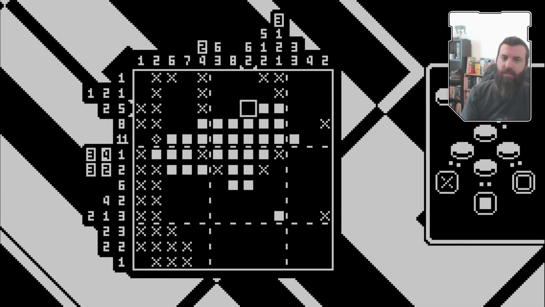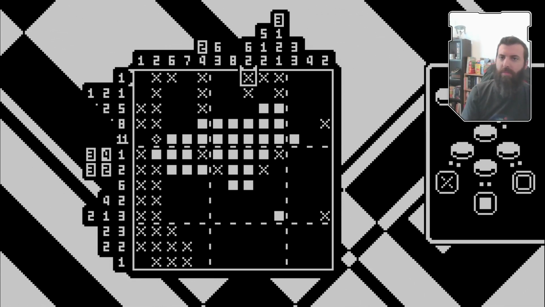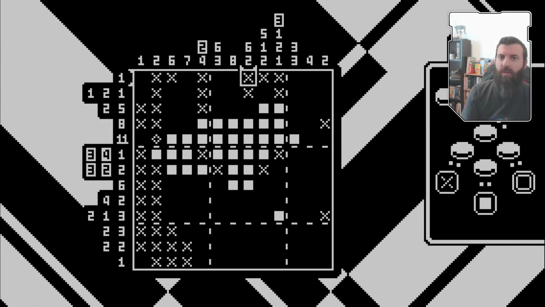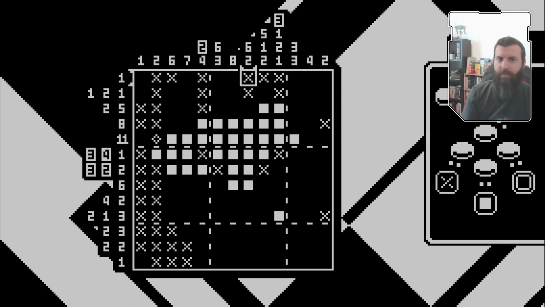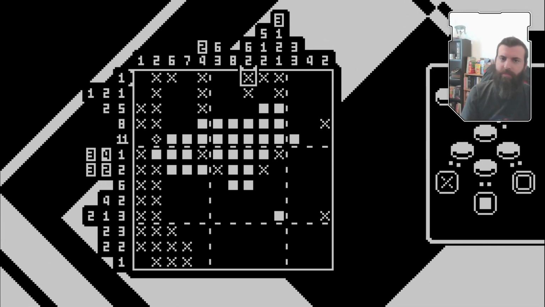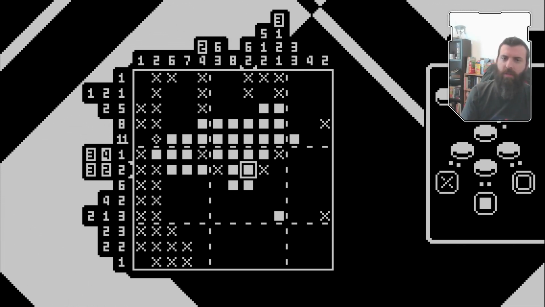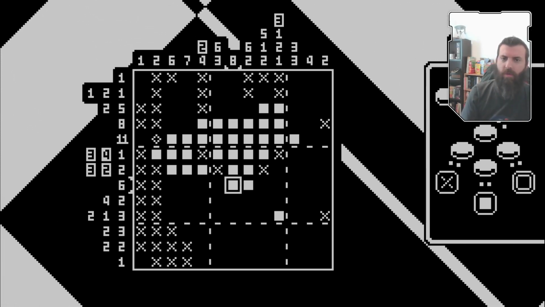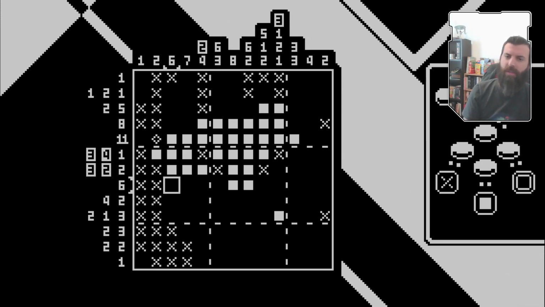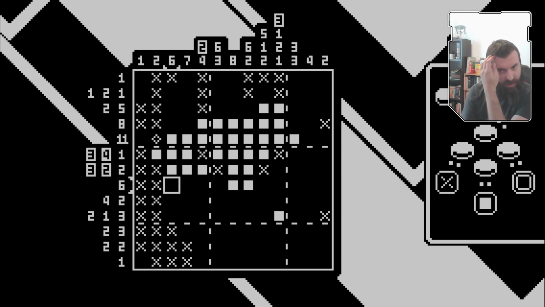Which tells us that the 6 can't reach up to here. Also tells us 1, 2, 4, 5, 6. 6 could still reach to here.